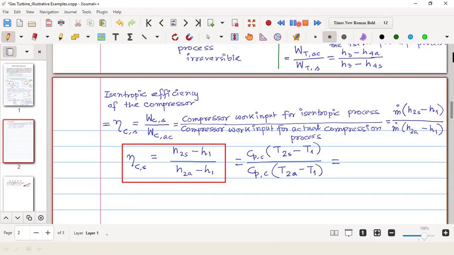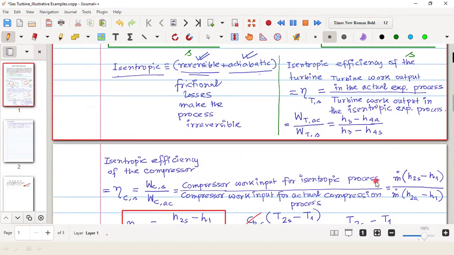Therefore, cancelling that Cp, you can write it is T2S minus T1 divided by T2A minus T1.